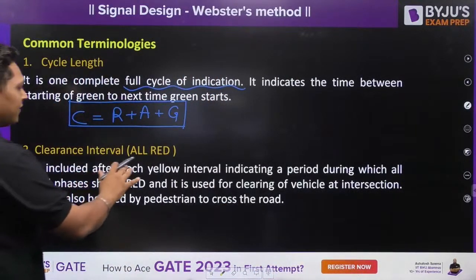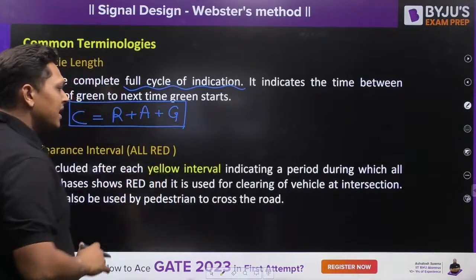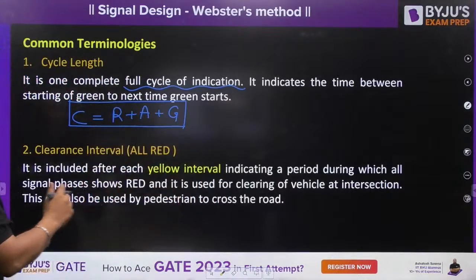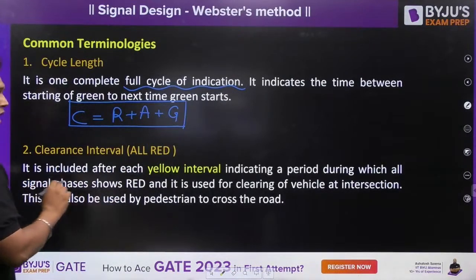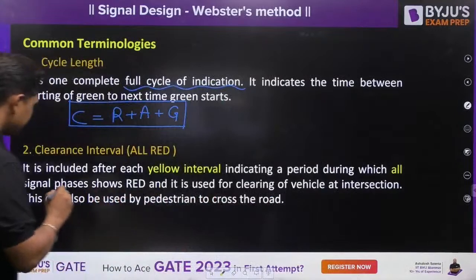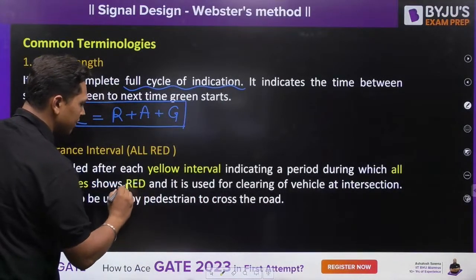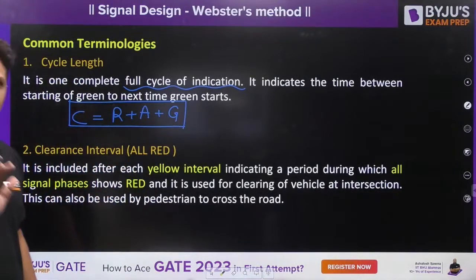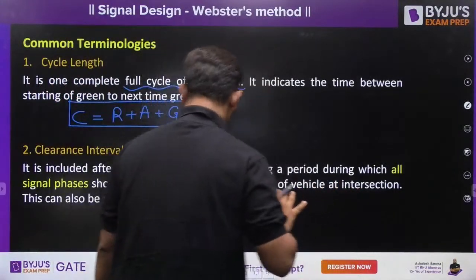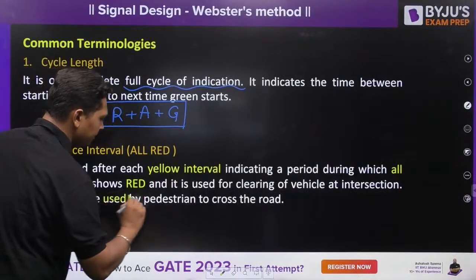So it is included after each yellow interval, that is amber, indicating a period during which all signal phases show red. That means all the signal phases are in a stopped position right now, and it may also be used for pedestrian movement.